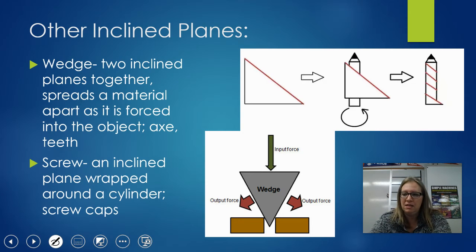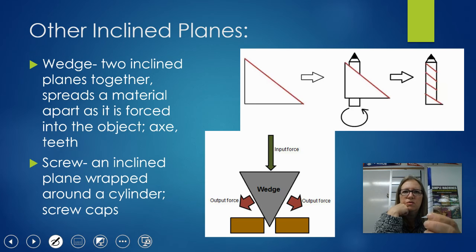Now, if I take an inclined plane, so here is an inclined plane, and I wrap it around a cylinder, I will get a screw, okay? And you can see, let me try to do this straight. I went out crooked. That's pretty good. There, you can see that little spiral shape happening there.